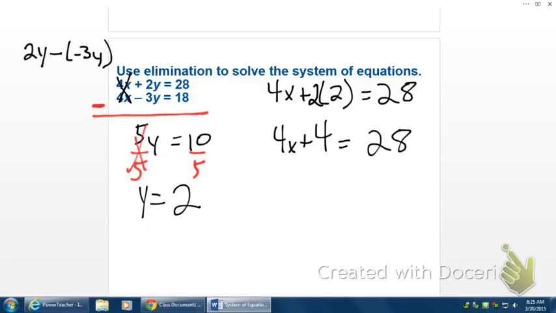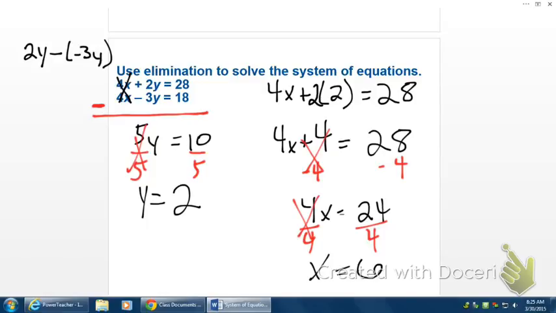Minus 4. That's 24. Now we need a minus 4 from both sides. 4x equals 24. And lastly, we'd have to divide both sides by 4. 6. So now we know what x and y equals. That's the solution.